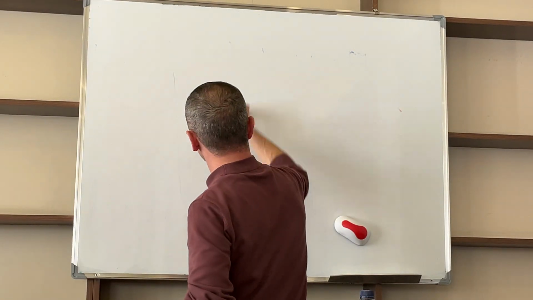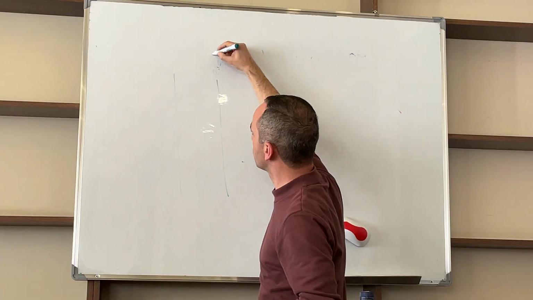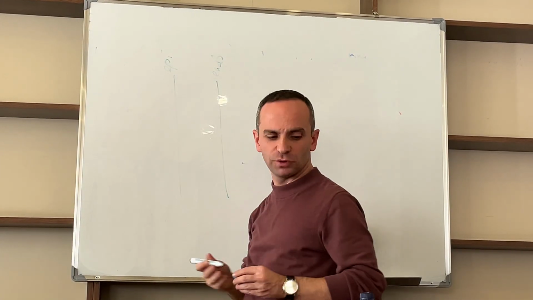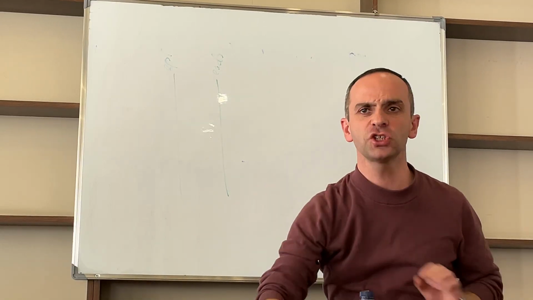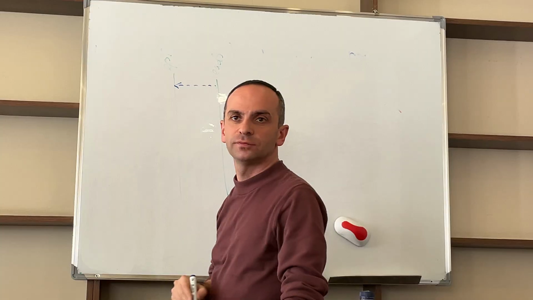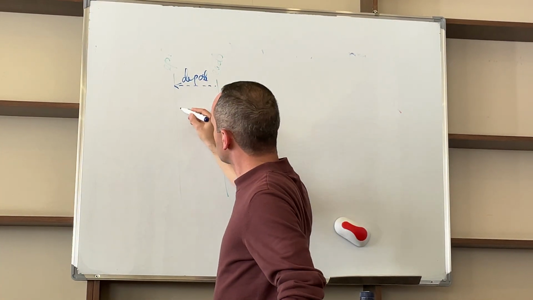Look, if here is endocardium, here is epicardium, this is myocardium between. So depolarization starts from here to here. This is depolarization direction. Repolarization has opposite direction.